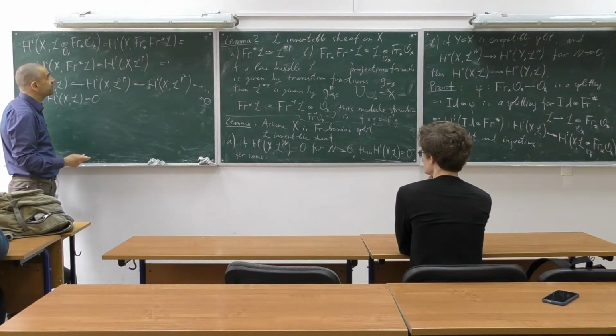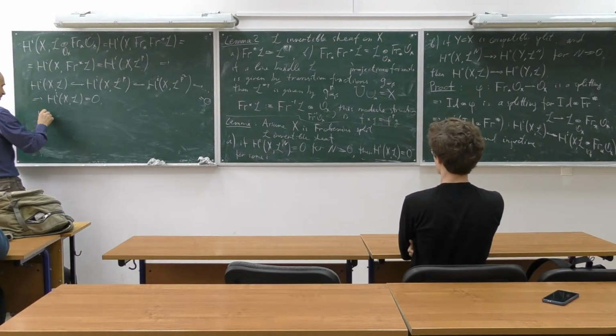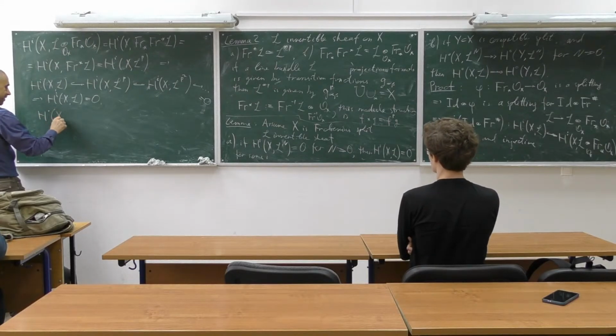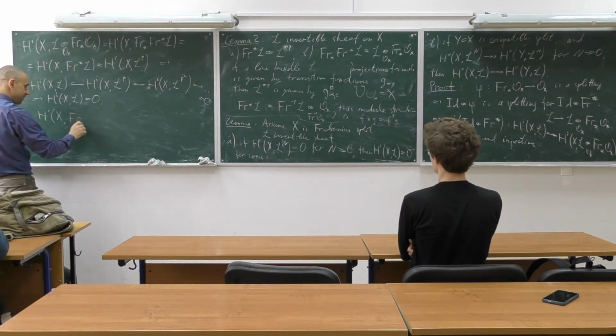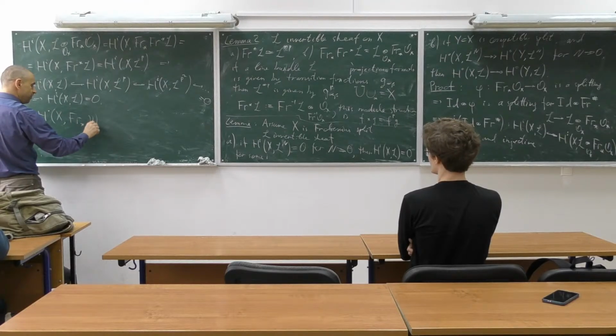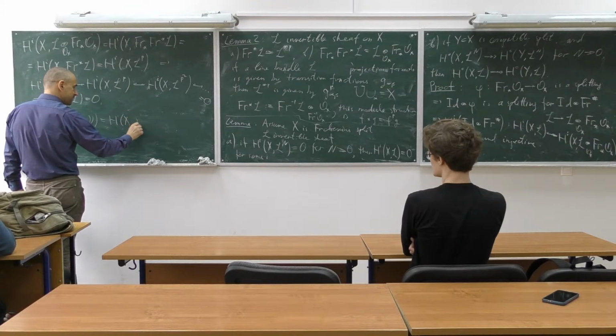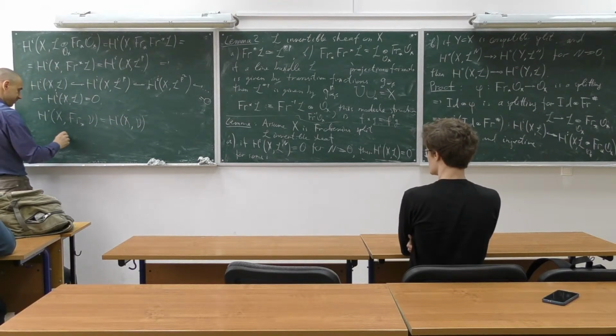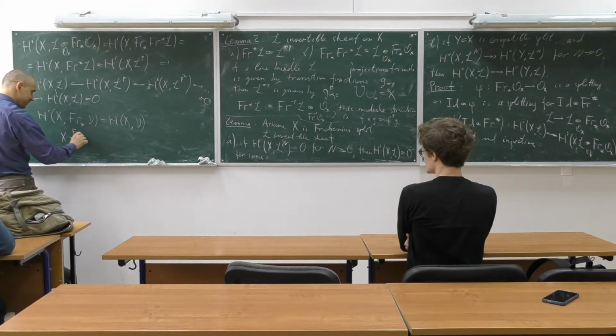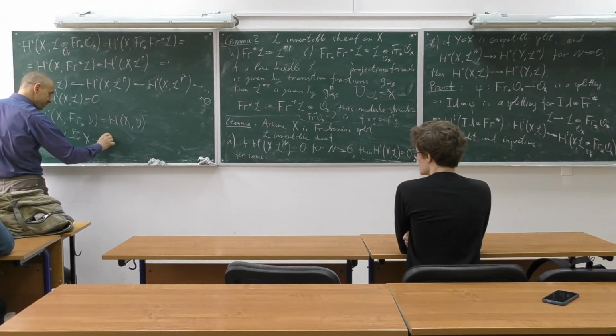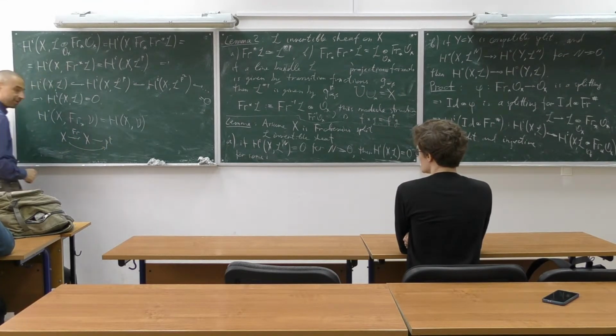Any cohomology of X with coefficients in Frobenius of anything at all is just the cohomology of X with coefficients in this, because X goes by Frobenius to X and then goes just to a point, and it's the same as going to the point directly.